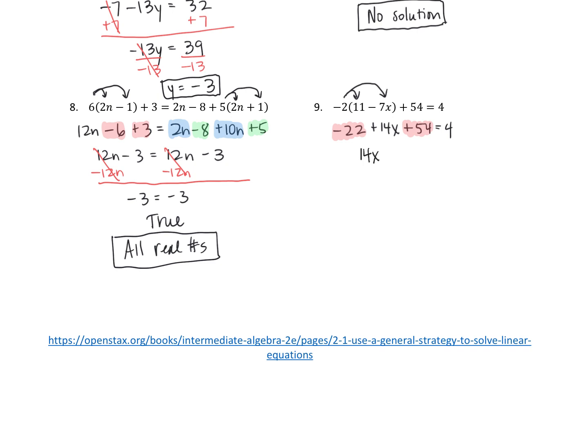So we'll have 14x plus 32 is equal to 4. And now we want to get that 14x by itself. So we'll subtract 32 from both sides of the equal sign and get 14x equals 4 minus 32 is negative 28. Now we want to get the x by itself, so we'll divide by 14, and we'll get x equals negative 2.